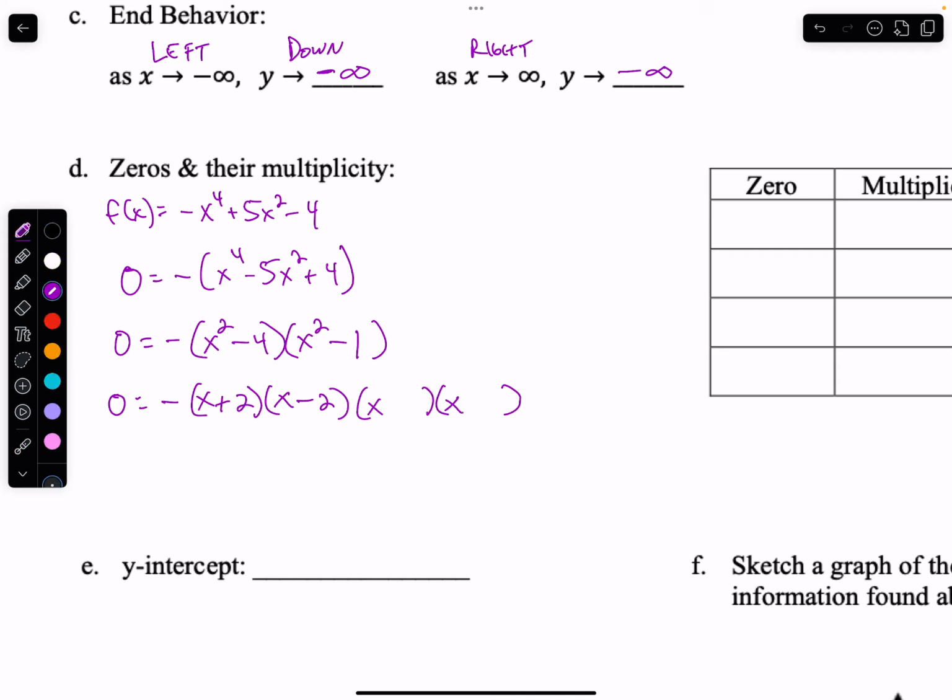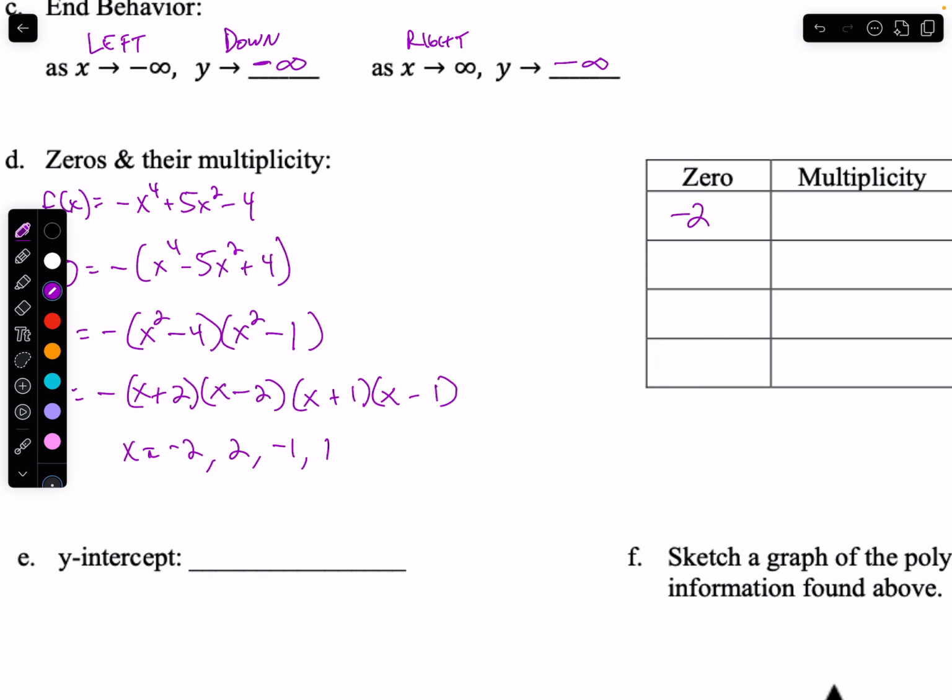When we factor a difference of squares, it's one positive, one negative. So now I know my zeros are negative 2, 2, negative 1, and 1. So my zeros are negative 2, 0; 2, 0; negative 1, 0; and 1, 0.